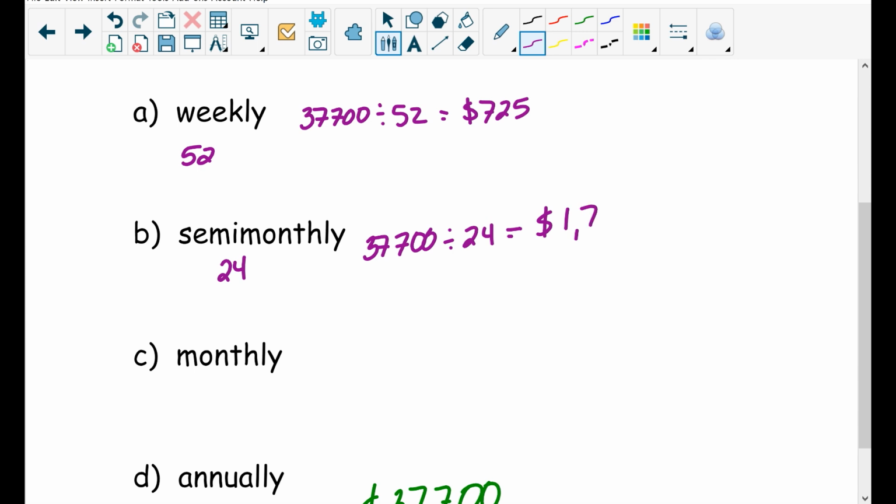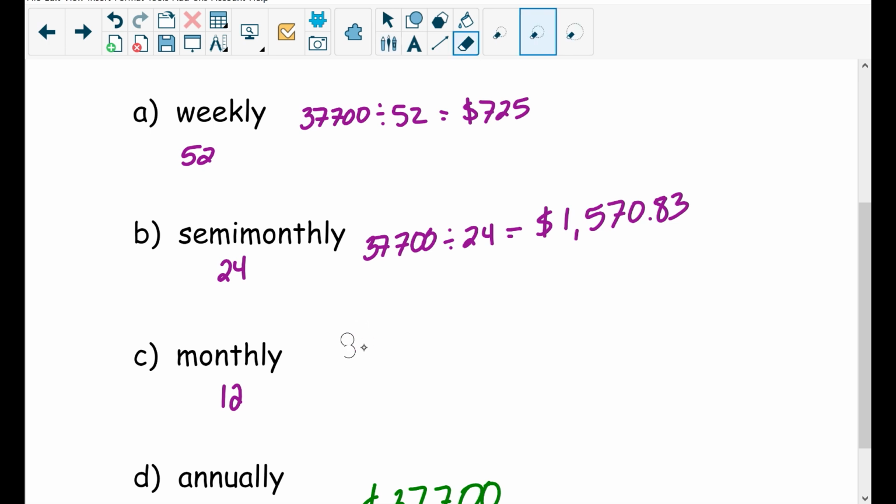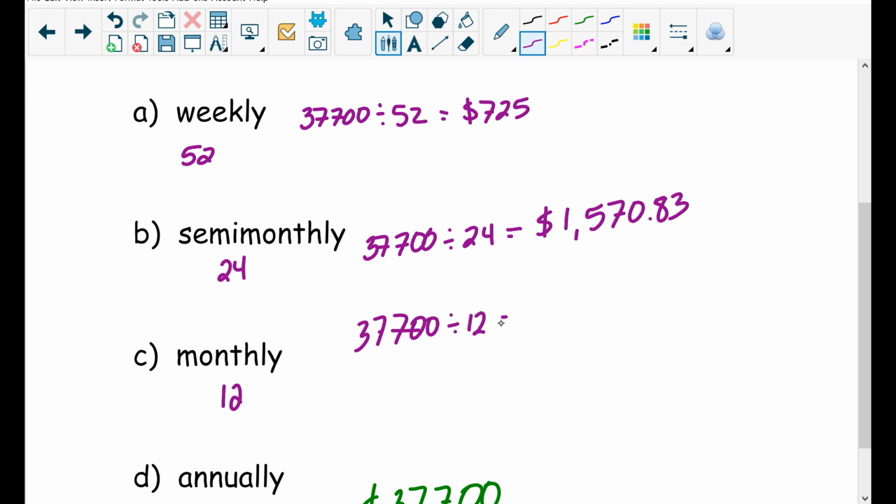1,570.83. Perfect. And then monthly checks would be how many? 12. So we're taking the 37,700 divided by 12.